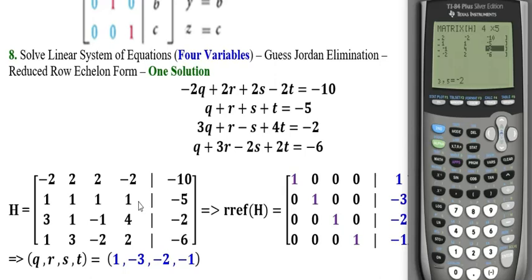Minus 2, 1, 4, 2. 2, 1, minus 1, minus 2. 2, 1, 1, 3. Minus 2, 1, 3, 1.